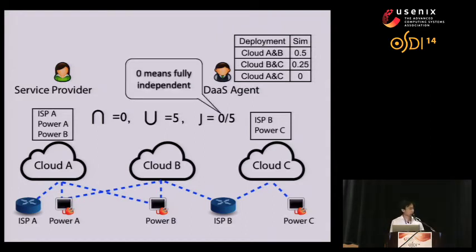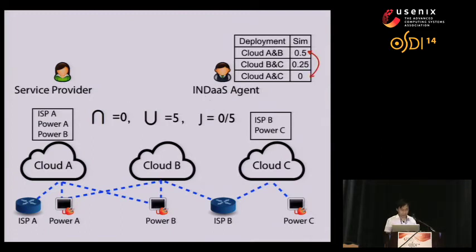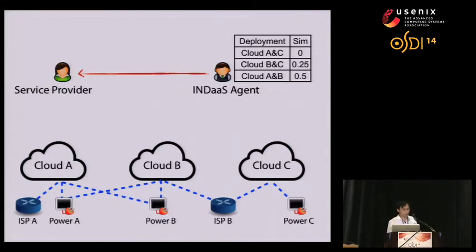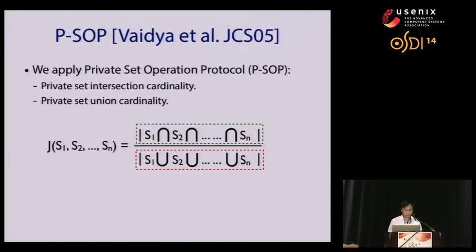We like 0, because 0 means fully independent. Now, the agent ranks alternative redundancy configurations according to their similarities, then gets the ranking list and sends it back to Alice. So Alice can understand which alternative redundancy configuration is the most independent.